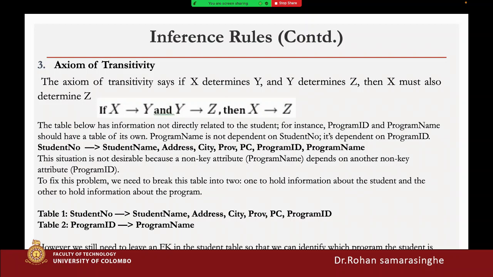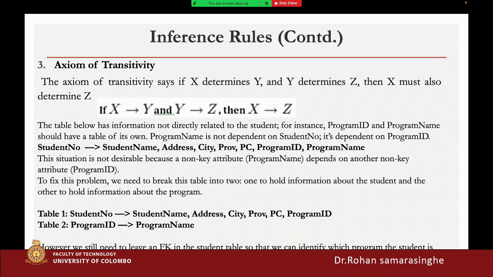For instance, program ID and program name should have a table of their own. The program name is not dependent on the student number. It's dependent on the program ID.